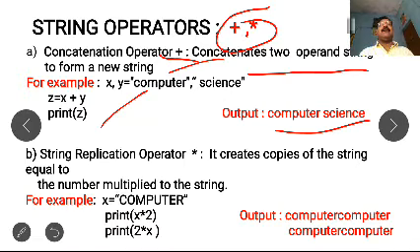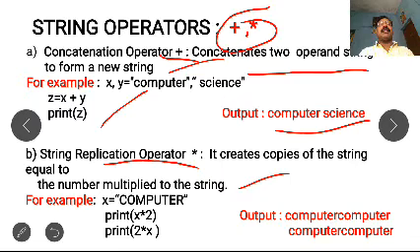Second example here, the string replication operator. This replicates the string. It creates copies of the string equal to the number multiplied to the string. A string is multiplied by the number given here.